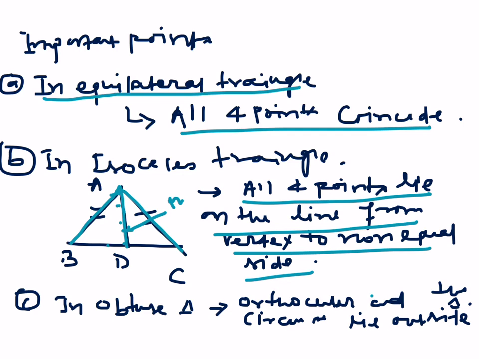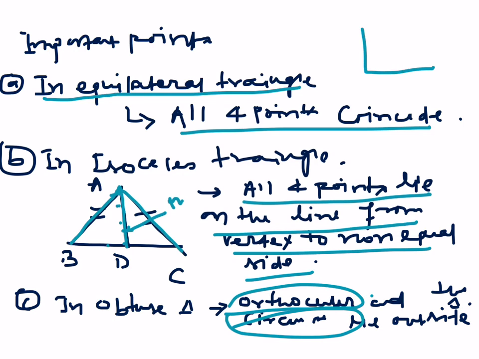In an obtuse triangle, orthocenter and circumcenter will lie outside the triangle. In a right angle triangle, suppose this is the triangle, then this point B will be the orthocenter and the midpoint of the hypotenuse will be the circumcenter.